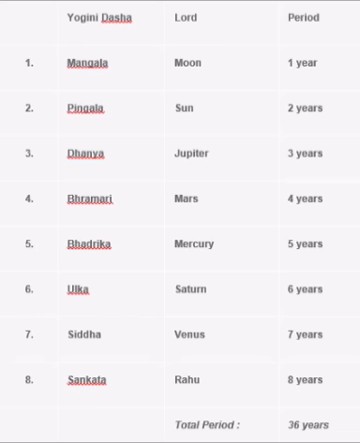Because it is believed, and that's coming from the ancient scriptures, that Lord Shiva and Goddess Parvati were in the forest in the Himalayas, and Goddess Parvati asked Lord Shiva that there are so many dasha systems in astrology, but in Kali Yuga, which dasha would give us the best results?